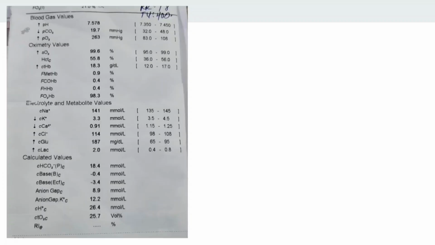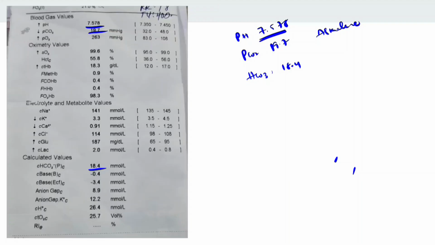So let's look into one more example. Here the pH is 7.578, PCO2 is 19.7, and bicarbonate is 18.4. We clearly know that the pH is alkaline as it is more than 7.45.